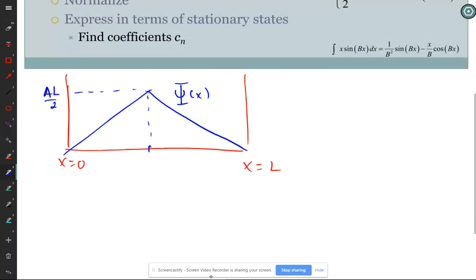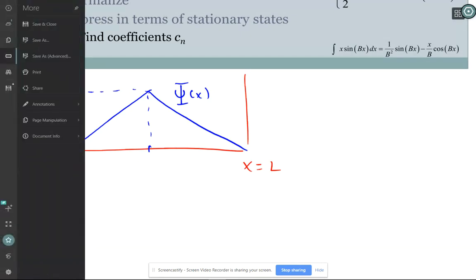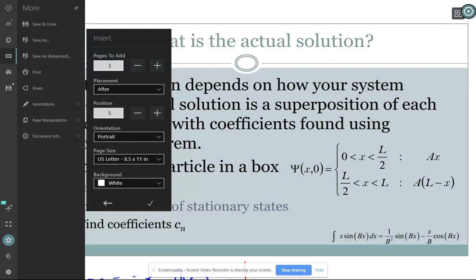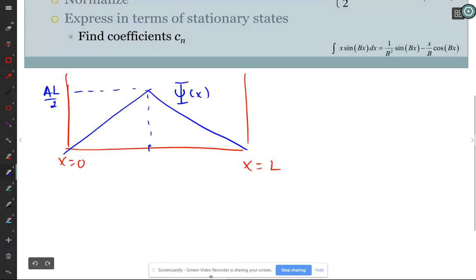Now we want to normalize it. So what is our normalization? I'm going to, while I'm talking, put in some pages. What is our normalization calculation? How do we do that? Well, yeah, an integral from 0 to L really of psi squared, or psi star psi, dx.